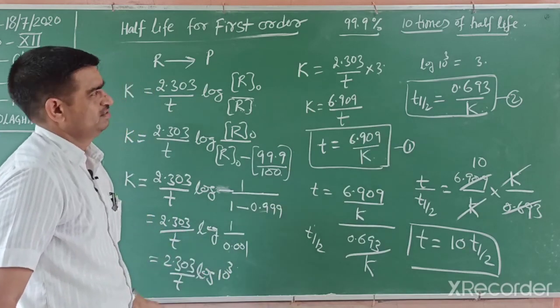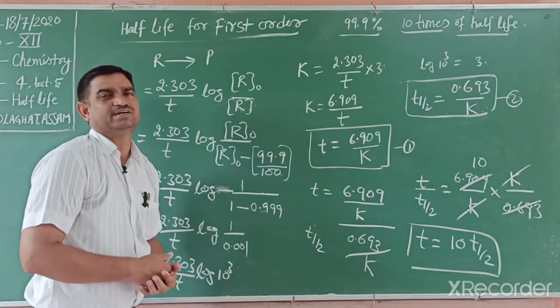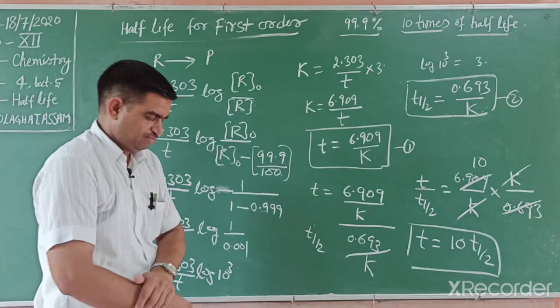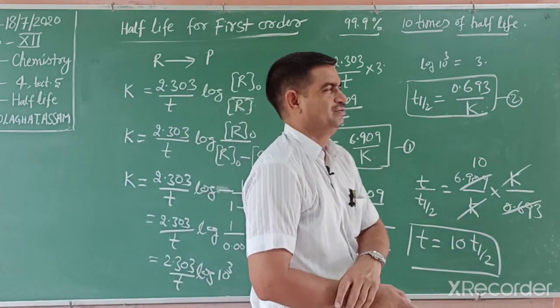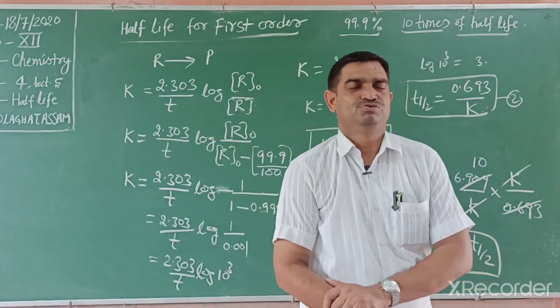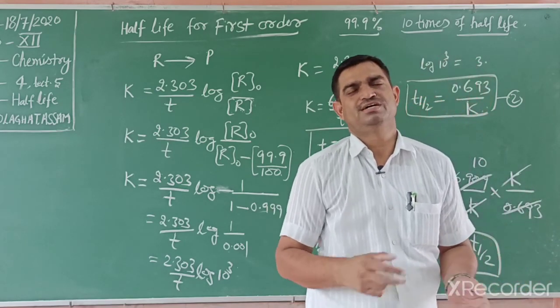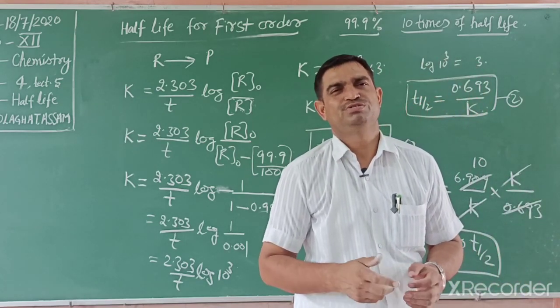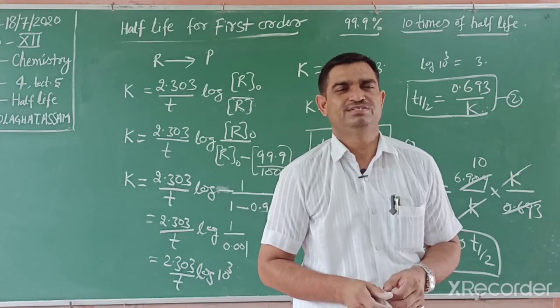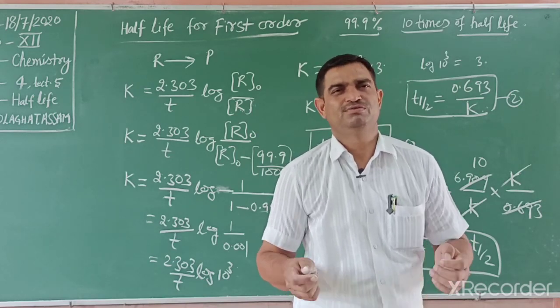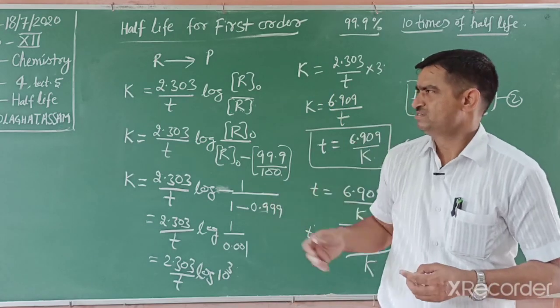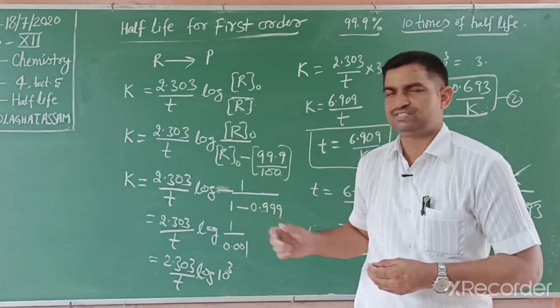In this way, you can see the solved numerical in the given NCERT book. Further, more numericals are also given in the NCERT book. You solve those, and further see the reference book also, because solved numericals are given there. If you go through the numericals, you can solve perfectly, easily and in a faster way.